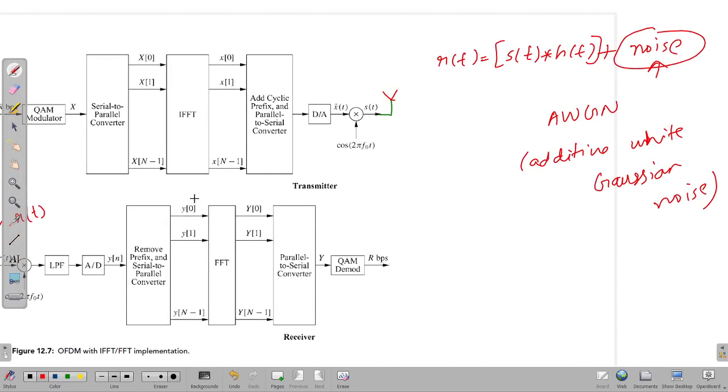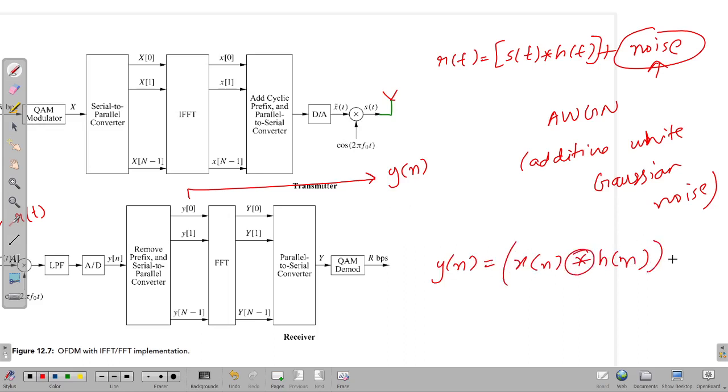So here you have y of n, which is in time domain, and y of n will be x of n circular convolution h of n plus noise.